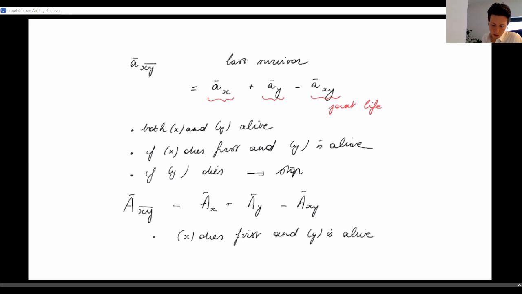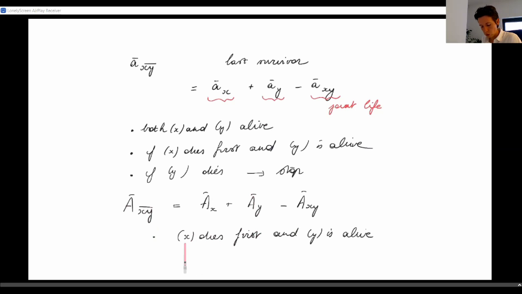If X dies, then this one is going to pay me 1 at the moment of death of X. But this one will also pay me 1 at the moment of X's death, because this product will pay a benefit of 1 at the moment of the first death. So these two cancel out, and I'm left with this product, which will pay an income of 1 at the moment of Y's death.